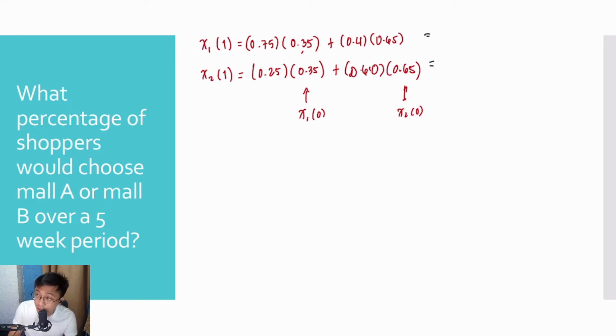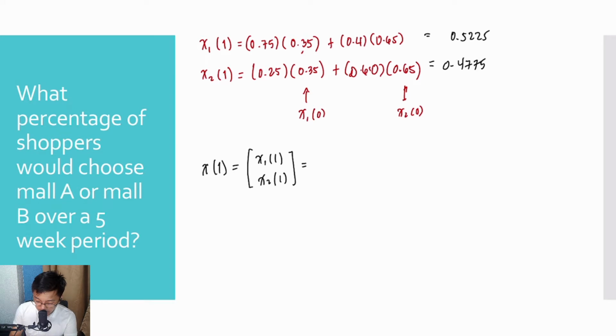So we'll get here 0.5225 and 0.4775. Okay, what do we do next? We can say that at x of 1, or the value of the state vector at time equals 1, we can write it as a column matrix. So we have this x sub 1 of 1 and x sub 2 of 1.